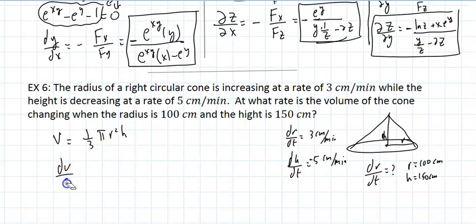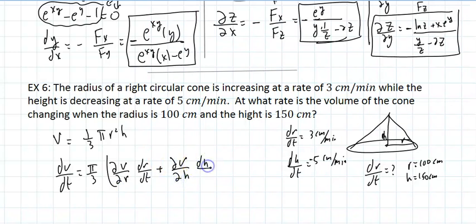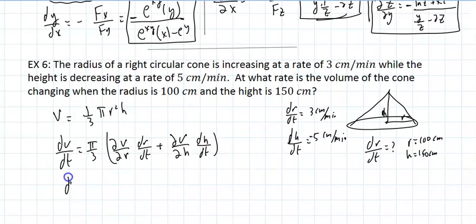Let's use partial derivatives just to show you that it works identically. The pi over 3 is a constant. That's going to be the partial of V with respect to r, the first variable, dr/dt, plus the partial of V with respect to h, dh/dt. I know you could do this implicitly, and if you do it implicitly, you get the same result.